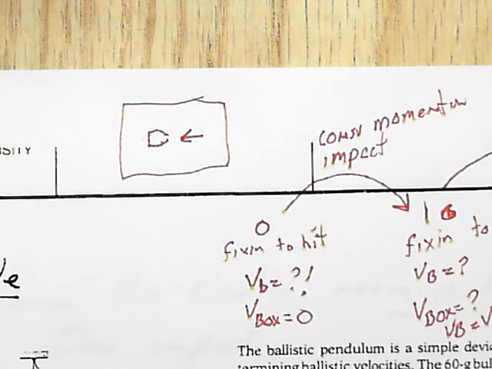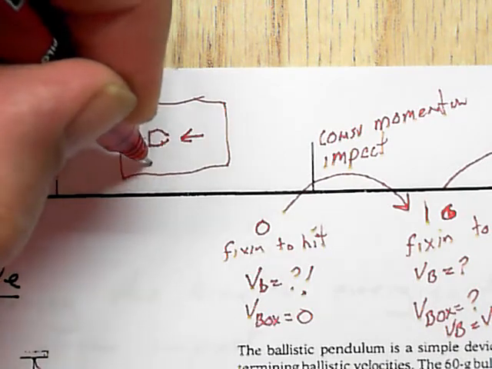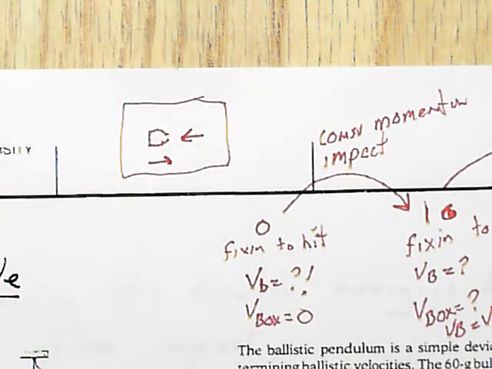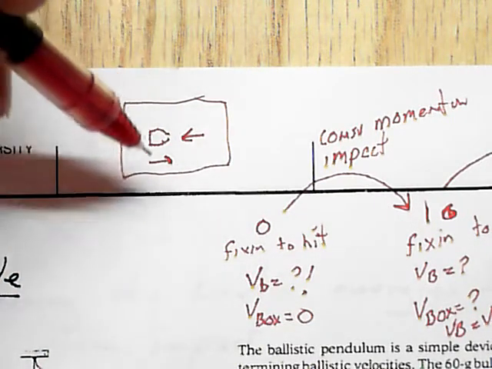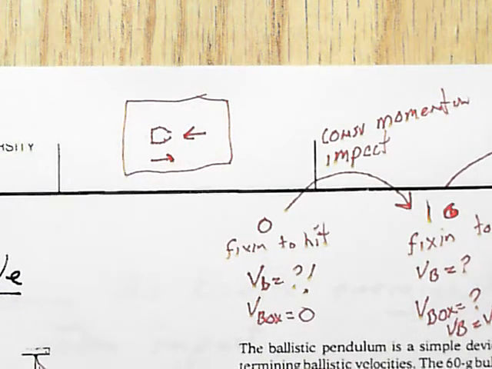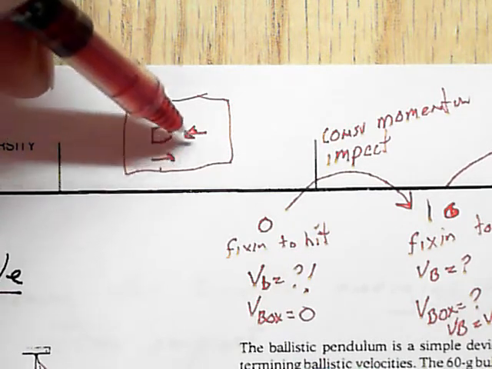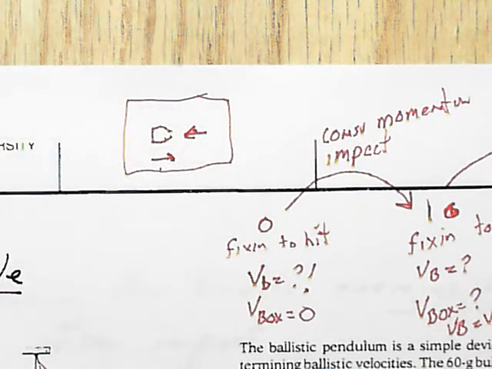But there's actually something letting the box acquire velocity, because the bullet also imposes a friction force on the box. What's the size of these two friction forces? Always equal and opposite. Okay? If the forces always cancel, then what's the impulse? Each of these impulses will cancel.